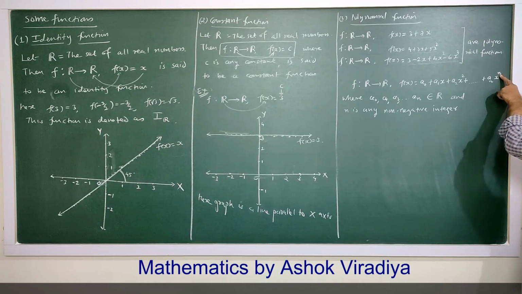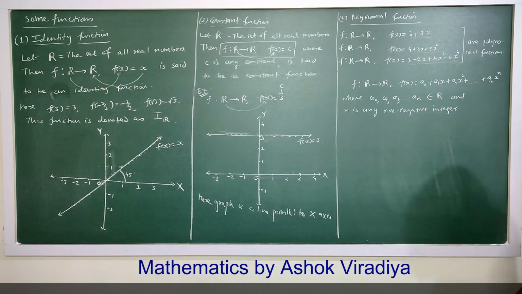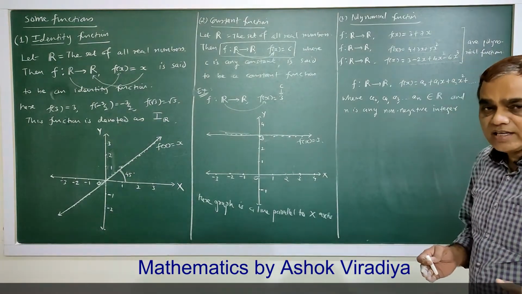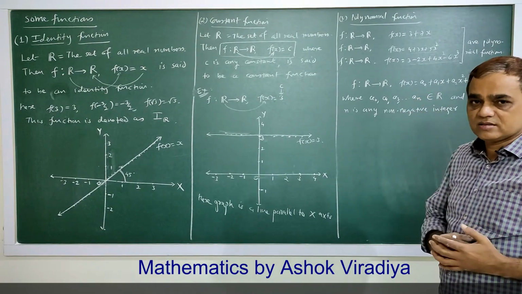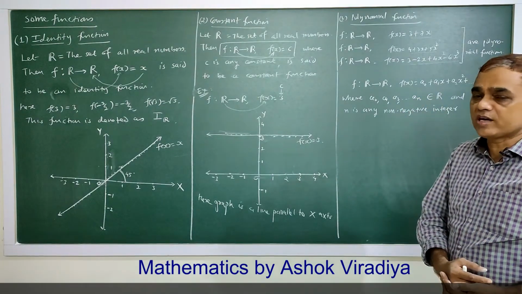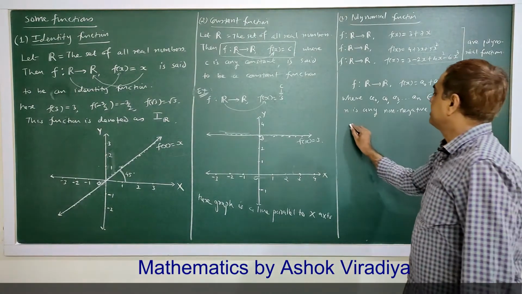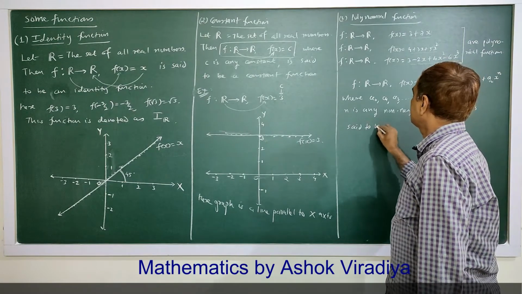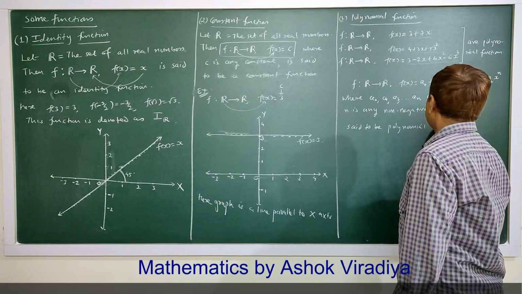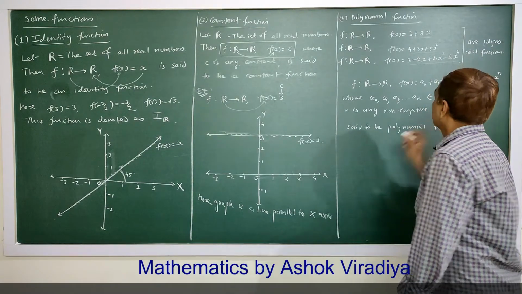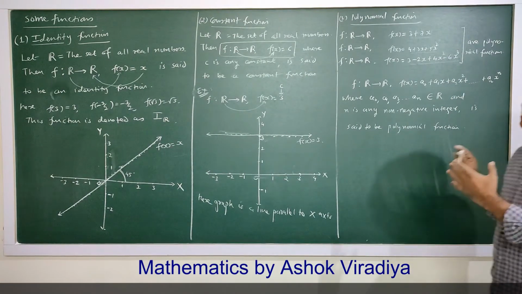This should not be negative. Otherwise, this cannot be considered a polynomial. If we have any polynomial, then every term in x must have a non-negative power. Negative power is not allowed in a polynomial. So this function is said to be a polynomial function. So this is about polynomial function.